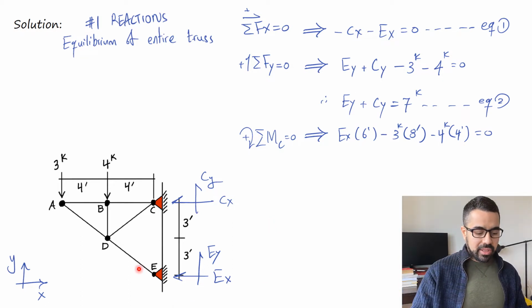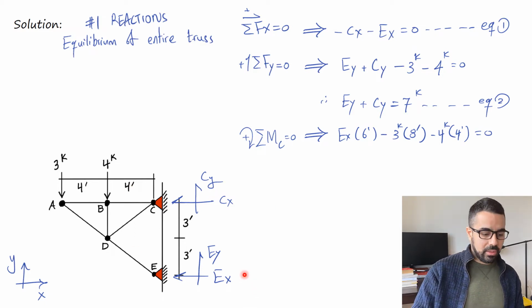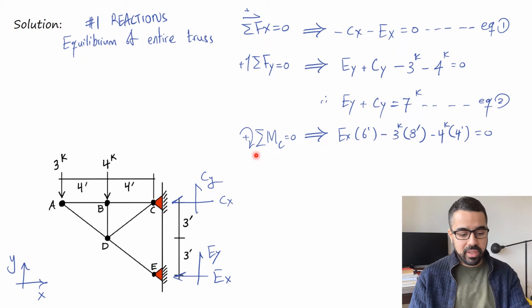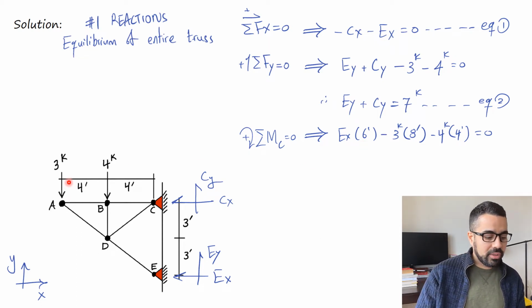The opposite of EX is going to the right. So now when we take the moment around C, you'll see it is rotating clockwise, right? And since we assumed here that clockwise is positive, EX times 6 has to be positive. Now we go to the 3.